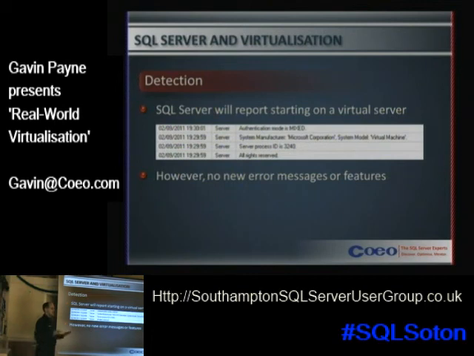It is purely read-only informative information. It does not influence any behavior. So SQL Server does not say, I'm running on a virtual server, so I'm going to give you new error messages, or I'm going to enable some new features. It's not going to change any way that you interact with SQL Server or any of the error messages that you ever get, just because it reported that it ran on a virtual server on startup.